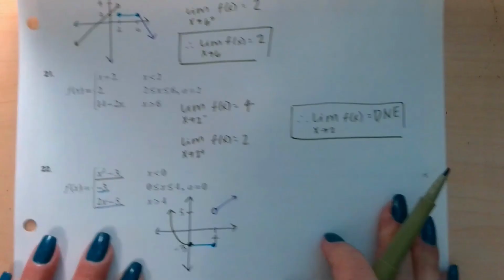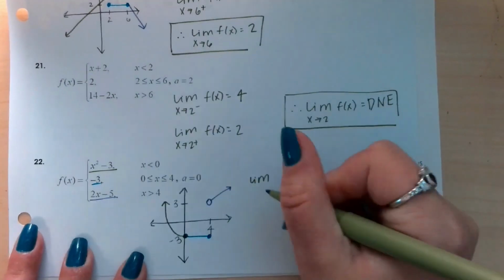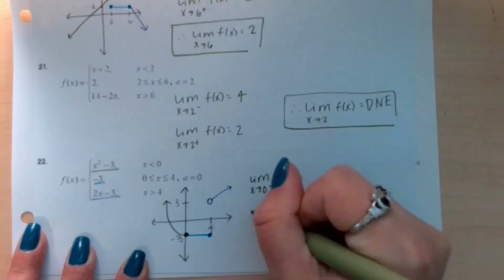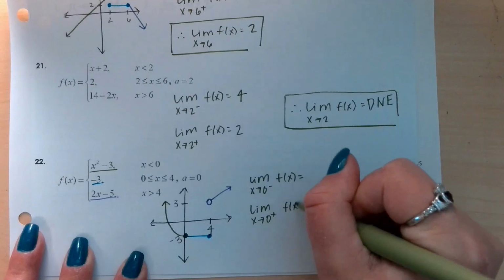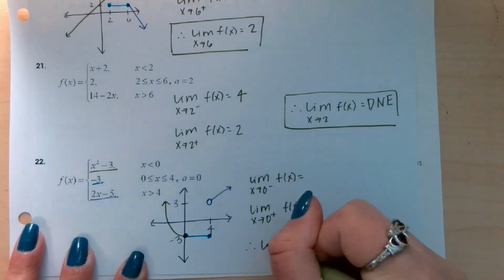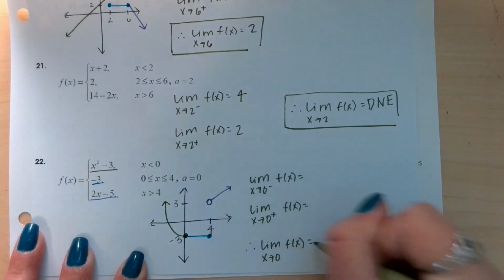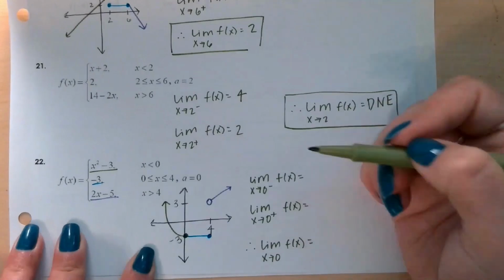So now we need to find our limits. So the limit as x approaches 0 from the left of f of x, the limit as x approaches 0 from the right of f of x, and then we'll know about the limit just as x approaches 0 as a whole. Okay? So we want to approach 0 from the left, right?